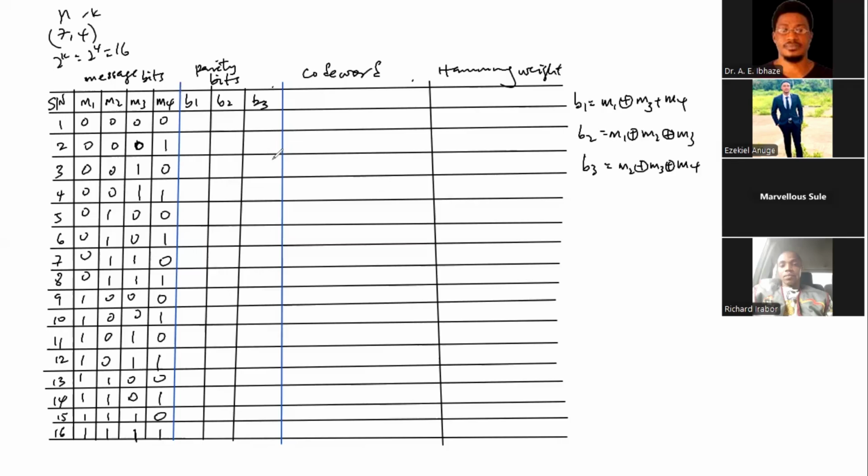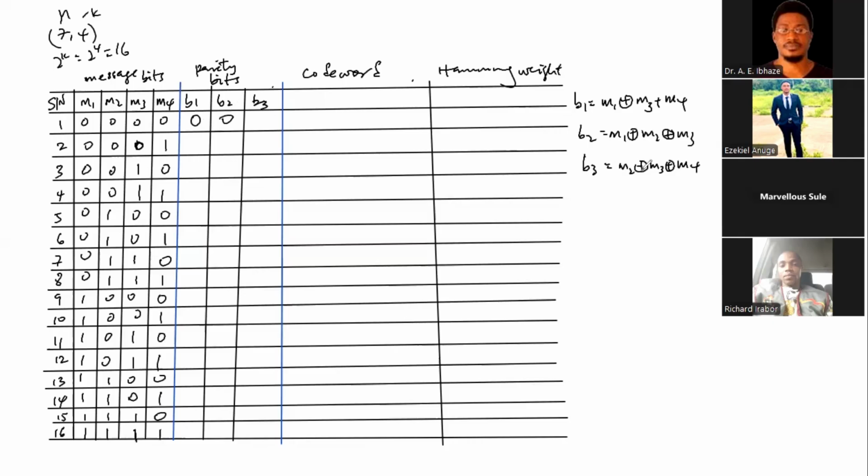Now, the parity bits will be generated based on the parity matrix we pull from the generator matrix. For this first bit, it's going to be 1 plus 3 plus 4, that'll be 0. For the second bit position, 1, 2, 3, that's also 0.